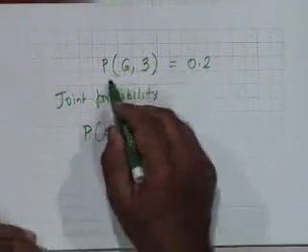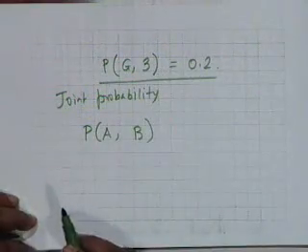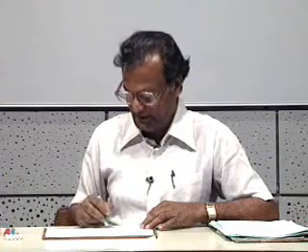Now, how do we calculate the joint probability? If a matrix like this is given, obviously we can calculate. In general, the joint probability is calculated in terms of two quantities. One is called the conditional probability, and the other is called marginal probability.